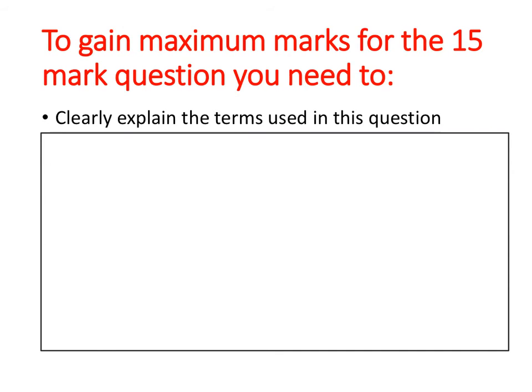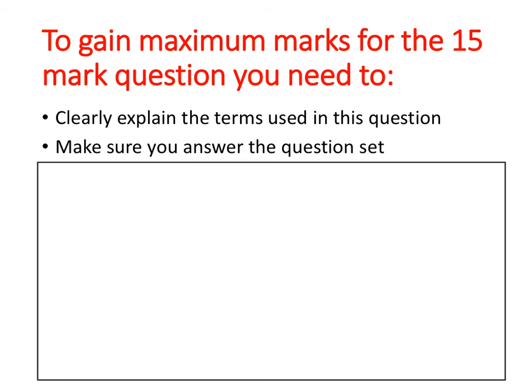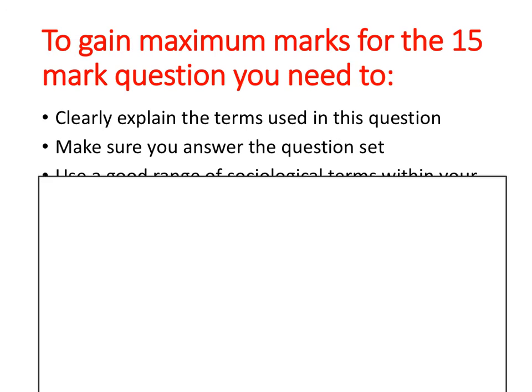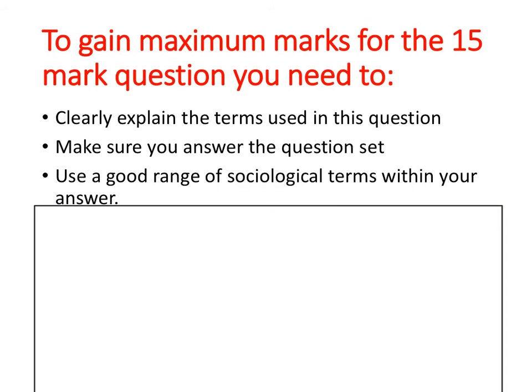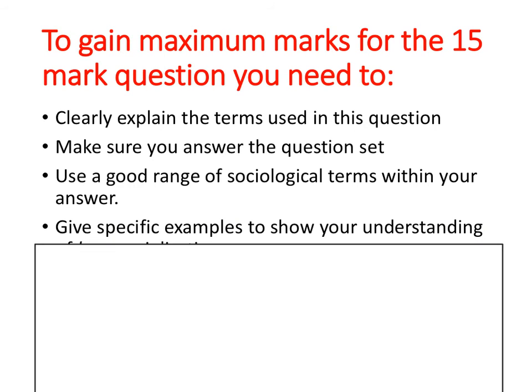If the question's about identity or social control, again, these concepts need to be explained before you get into the main body of your answer. Make sure that you stick to the question set. Make sure that you show off your knowledge of key sociological terms within your answer. So again, using memorise to master those sociological terms is so important.